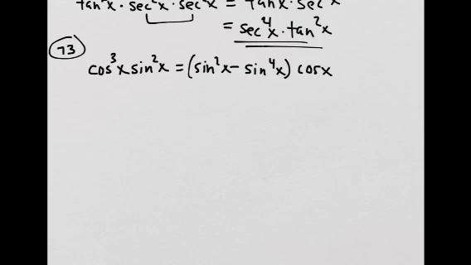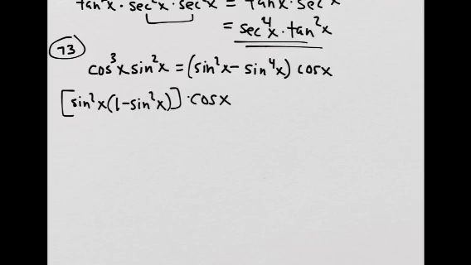Alright, so again I'm going to work on the right side, and I'm going to do the same thing I did on 72, where I took the greatest common factor of these two terms, which is sine squared x. So that leaves me with 1 minus sine squared x. And then on the outside I've got cosine x. Okay? This one gets replaced with cosine squared x.